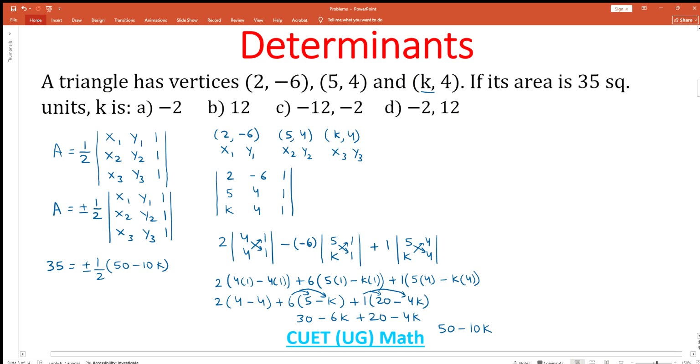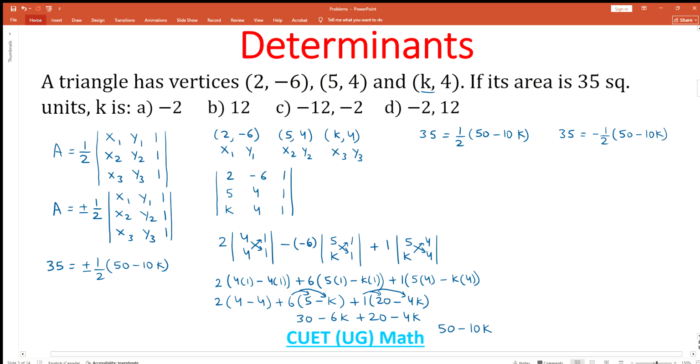We can analyze the positive and negative cases separately. The positive case is 35 equals 1 over 2 times (50 minus 10k). And the negative case is 35 equals negative 1 over 2 times (50 minus 10k).